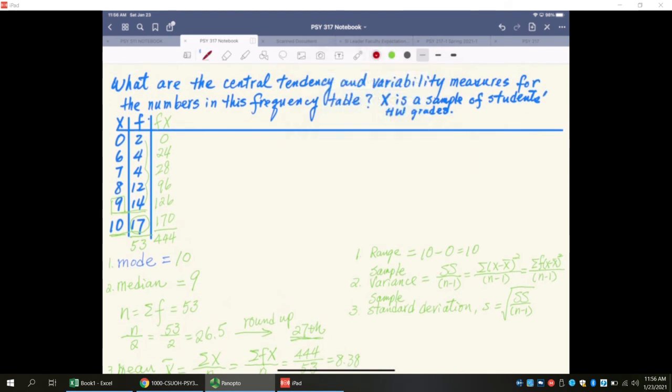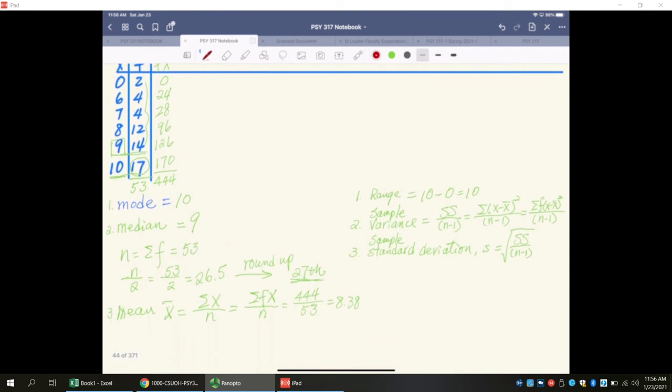So let me emphasize that you see frequency right after the summation sign, frequency right after the summation sign. And those two places are how you consider the impact of frequency in the frequency table formula.